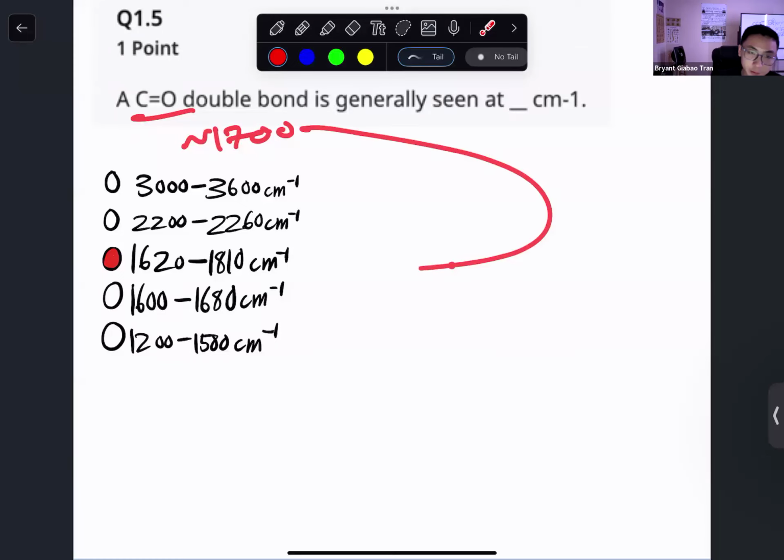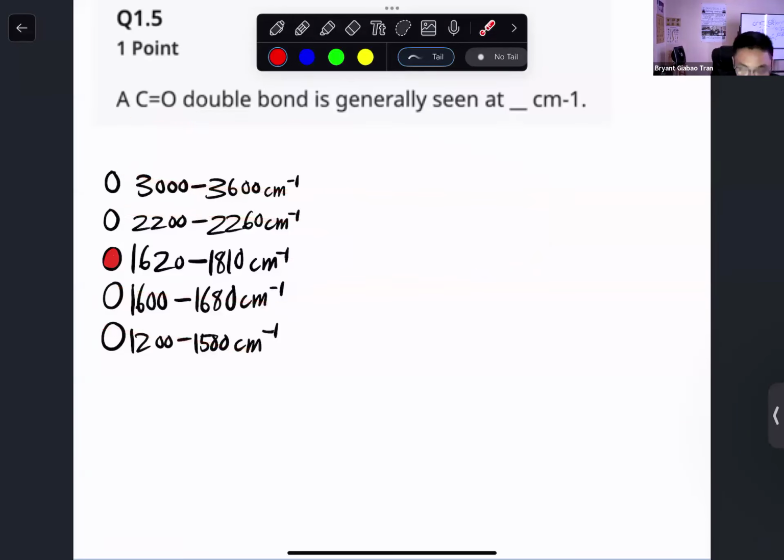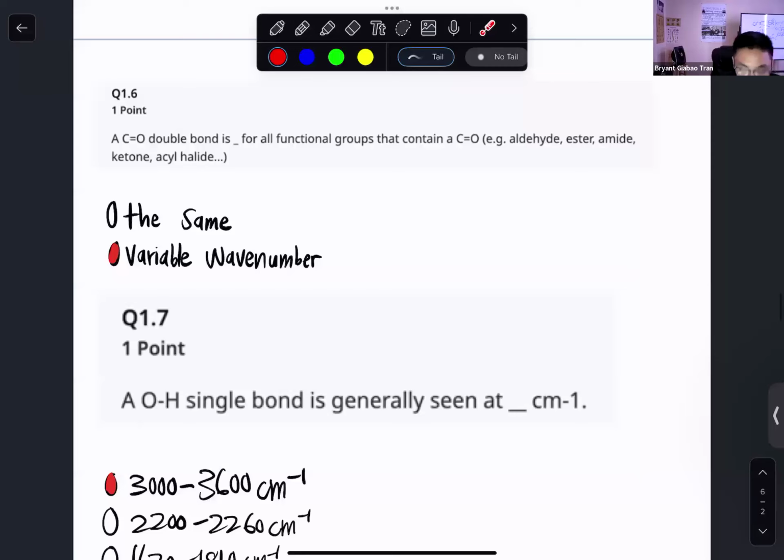C double bond O is around 1700. That one is too low, and this one here is very close, but it is still too low.